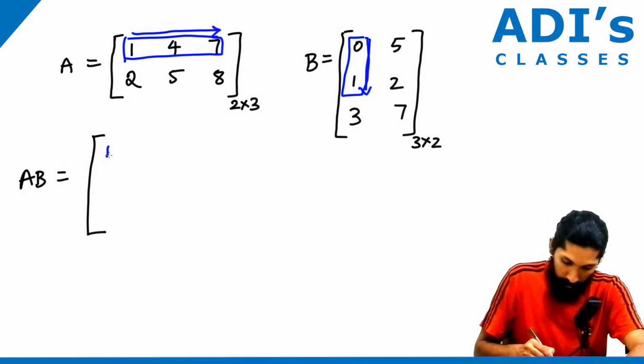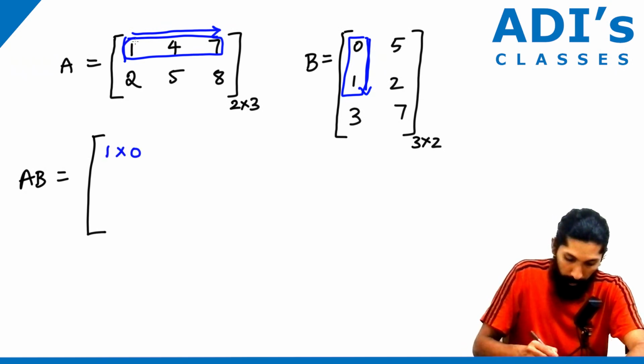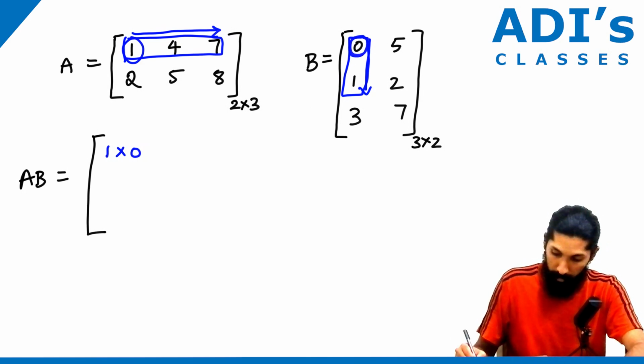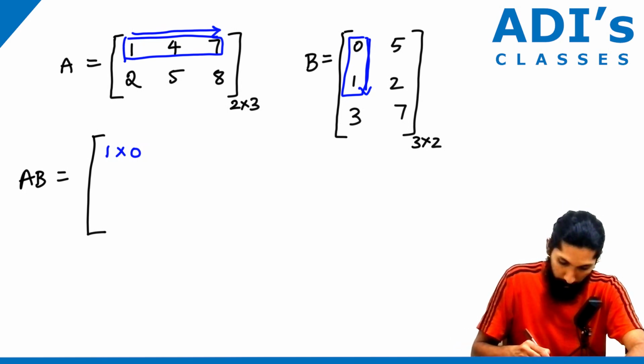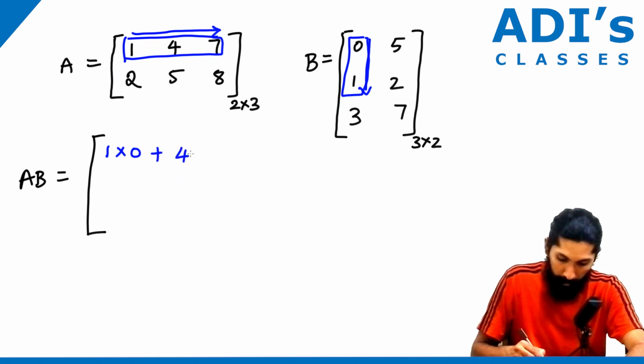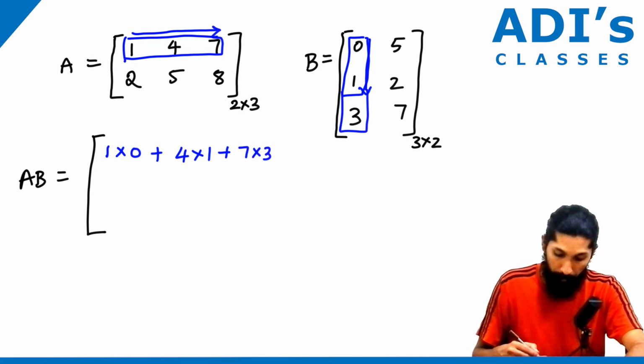So 1 into 0. That means we are doing 1 multiplied by 0 here. So 1 into 0 plus the next one is going to be 4 into 1, plus 7 into 3. This one, 7 into 3.